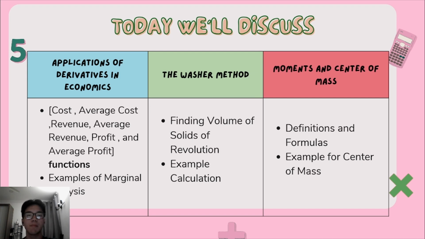The second is the Washer method, which is finding the volume of solids of revolution, and later I'm also going to give an example of the calculation. The last is the moment and the center of mass. The definitions and formulas will be explained later, and an example for the center of mass will also be provided.